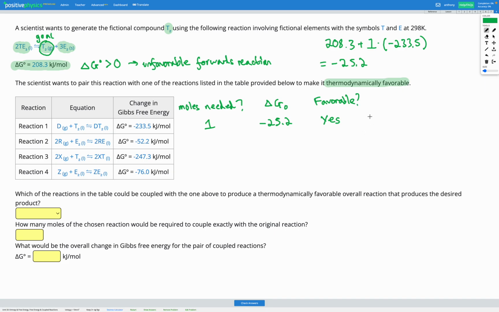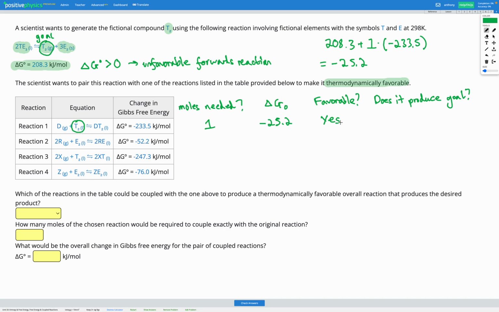However, the other question we need to ask is, does it produce our goal compound? So our goal compound in this question is T2. In reaction 1 in our table, the T2 gets used up as it gets made into DT2.